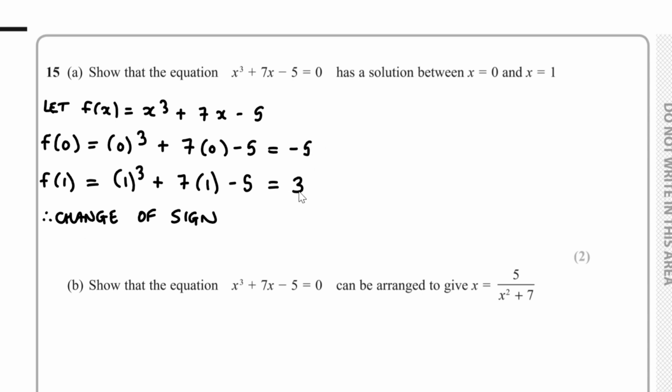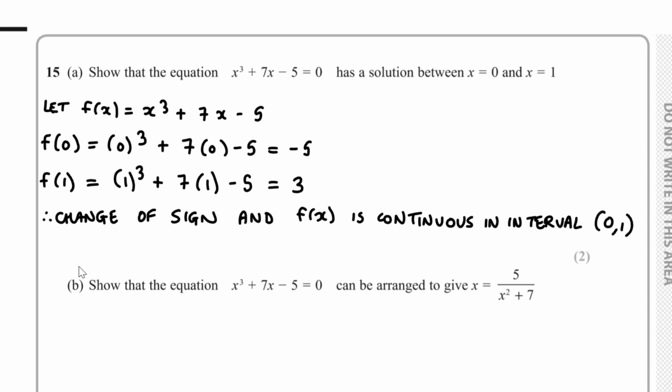We're going from minus 5 to 3. And f of x is continuous in the interval from 0 to 1. And therefore we can conclude we've got a root alpha in between 0 and 1.